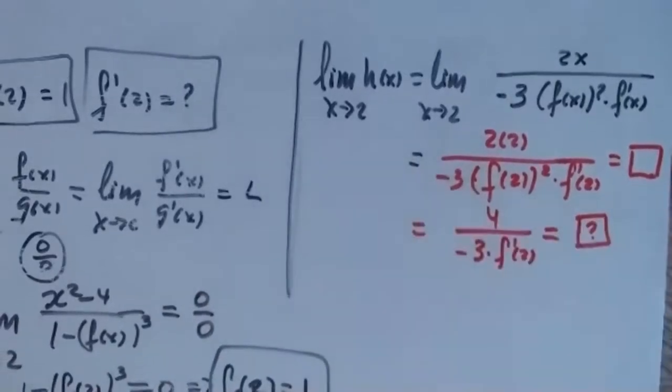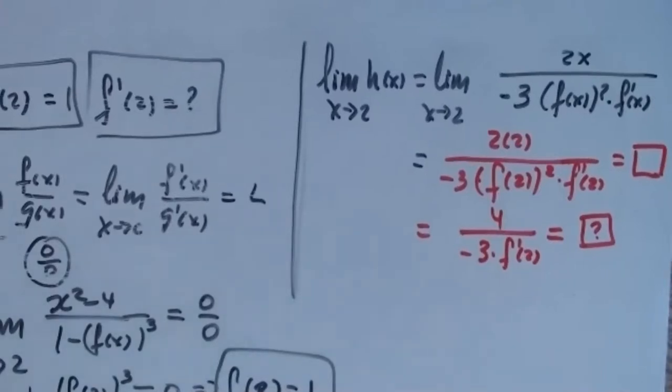Can you find something on the square? The value in the square? Nothing? Something? No, because what's the derivative of f? What's f prime?